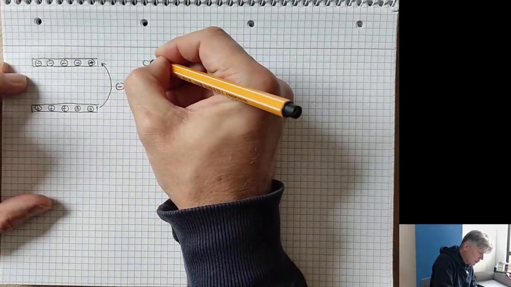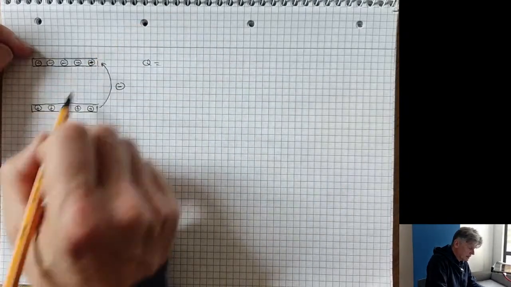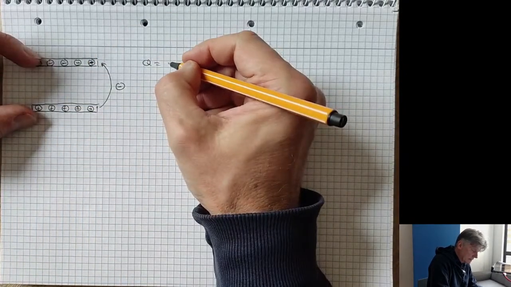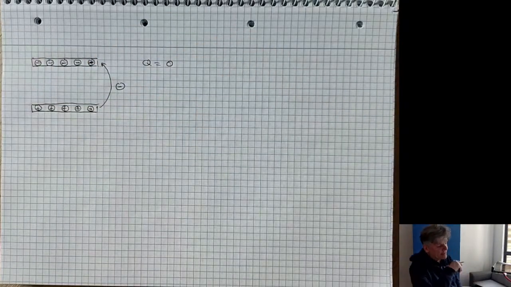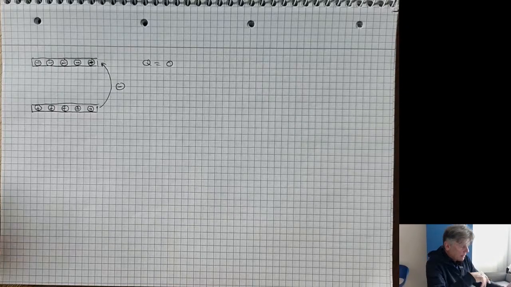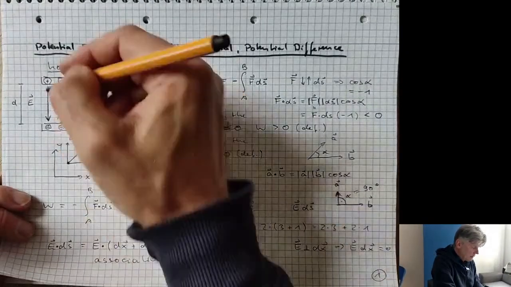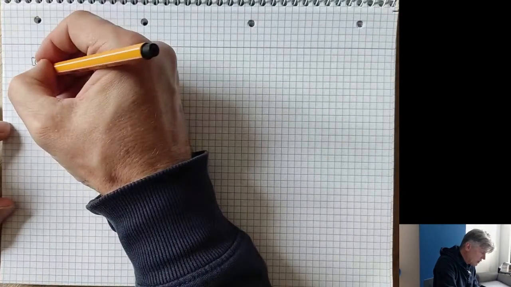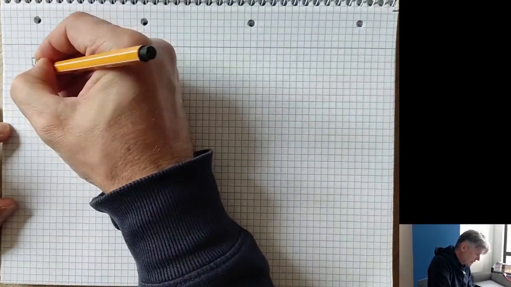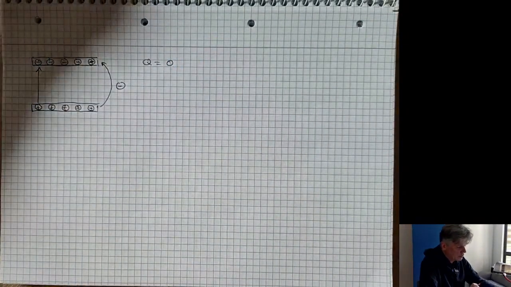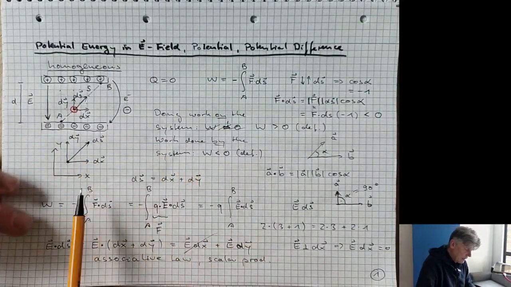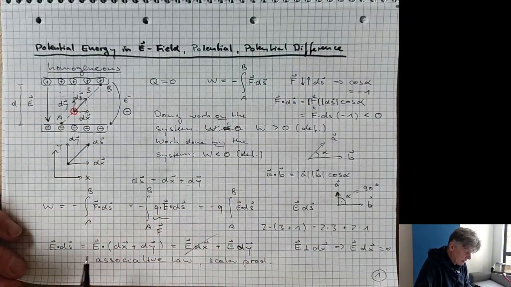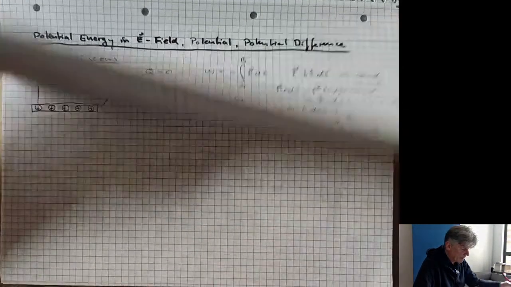And again, the total charge, if you sum the charges on both plates, will be 0. And now the electric field changes its orientation, right? It's still in y direction, but now it's not anti-parallel to y, but parallel to y.